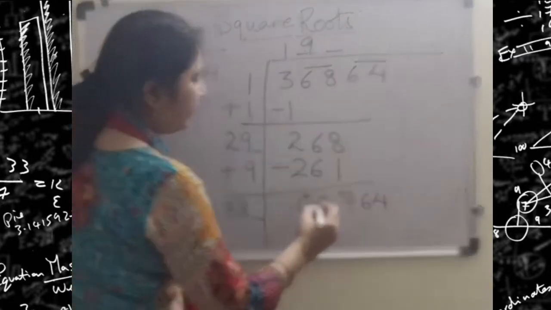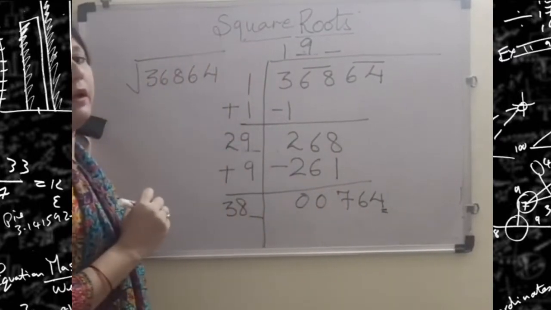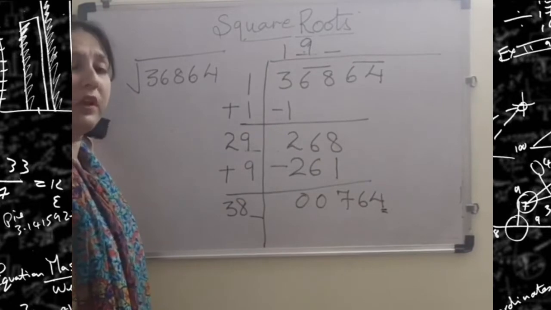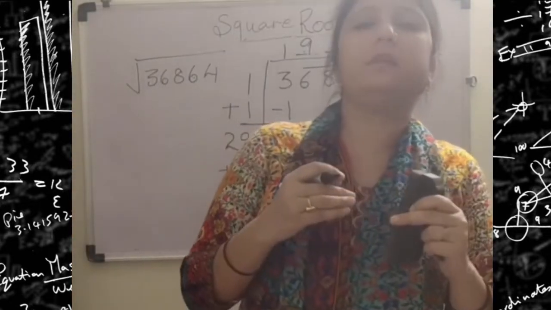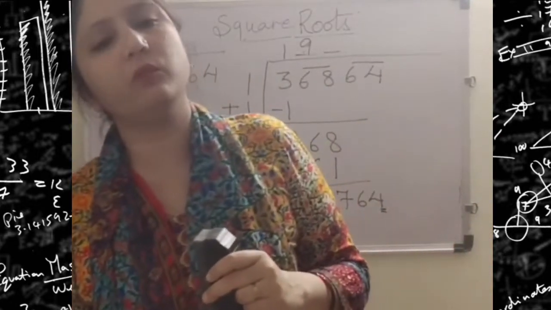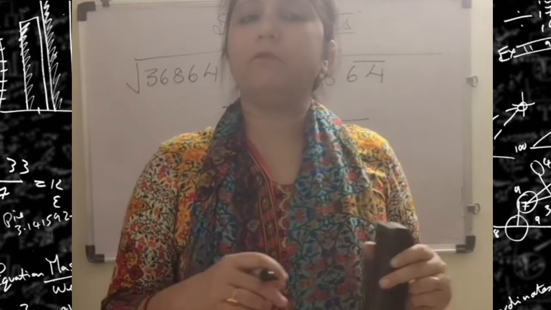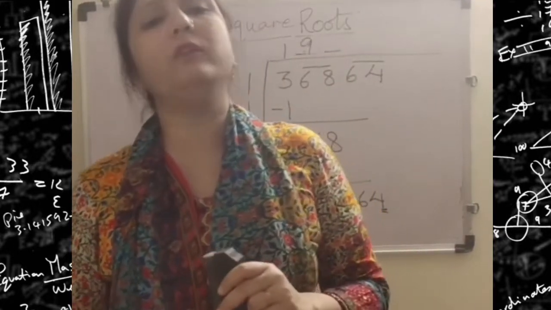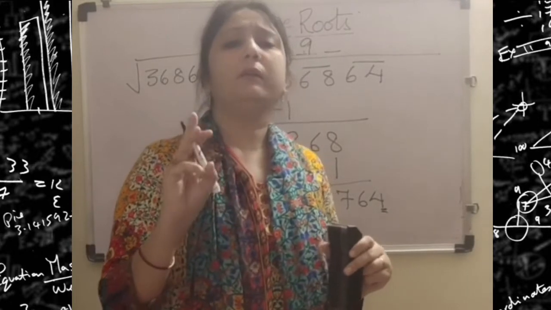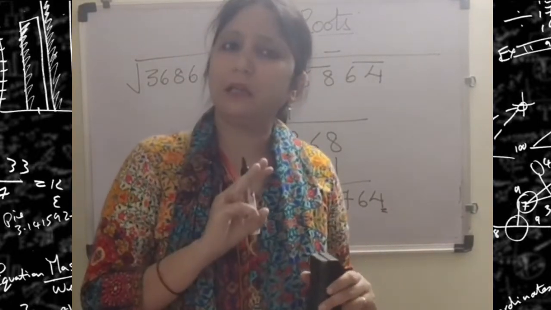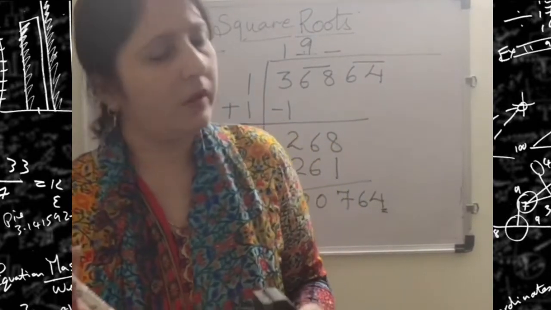Now children, this 764 is ending with 4, and if you recall the pattern that we have done, when we write the square of 1, the unit digit is 1, square of 2 is 4, 3 is 9, square of 4 is 16, and so on. So 4 at the units place you get with two numbers, either 2's or with the 8.